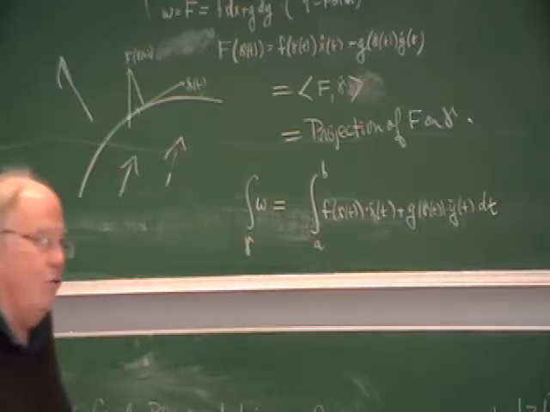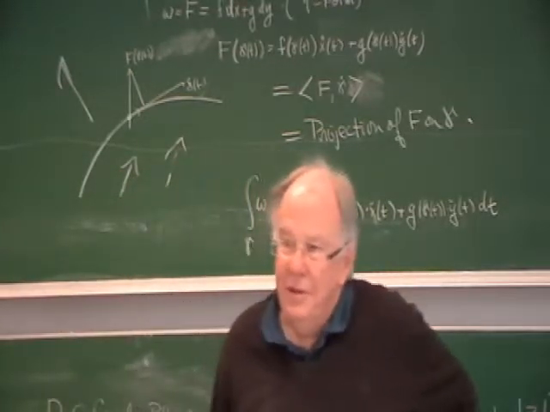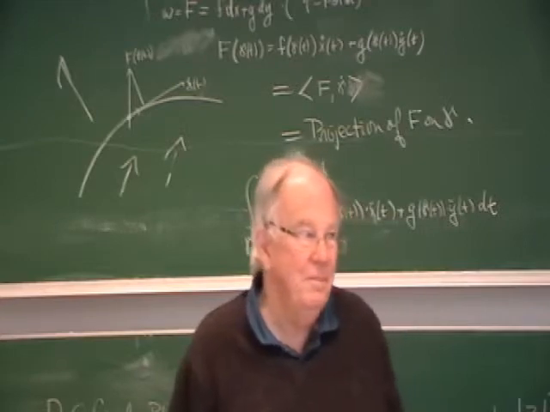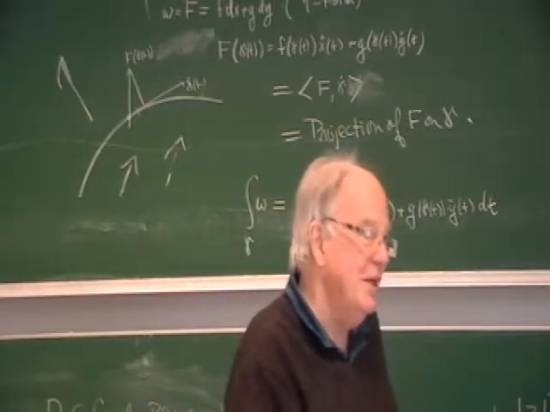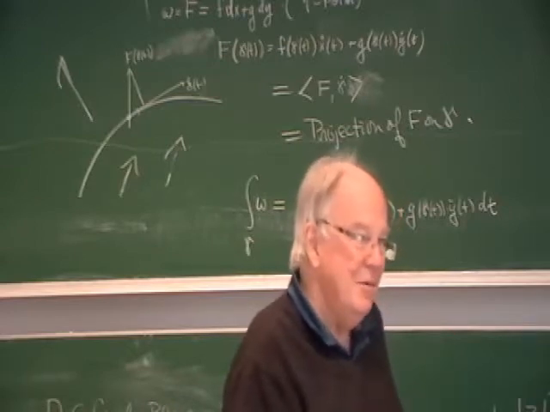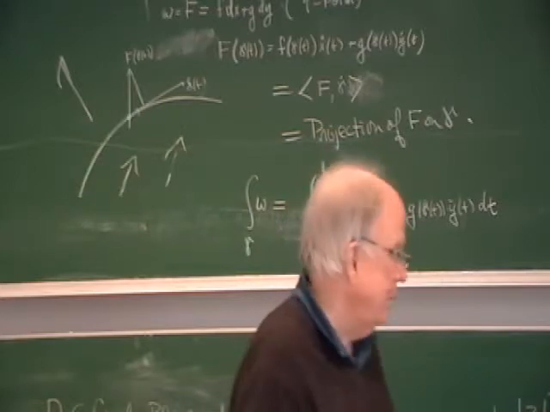And if you look at it for a minute, you see that it really doesn't depend on the parameterization. Because if you change the parameter, you have the substitution rule, and you will just get the same integral. So it's really a perfect thing.